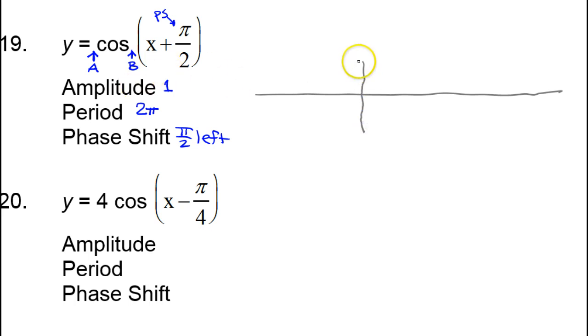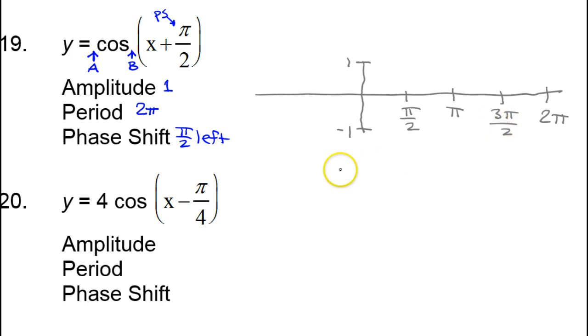So the amplitude is 1, so I'm still going to do my positive 1 and my negative 1. The period is 2 pi, so I'm going to come over here and I'm going to put my 2 pi like this. Halfway across, I should have pi. Half of that is pi over 2.